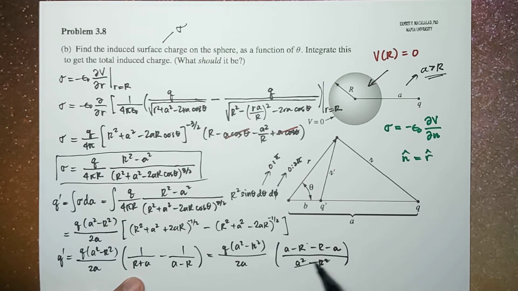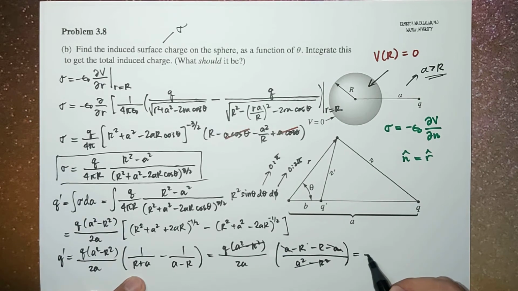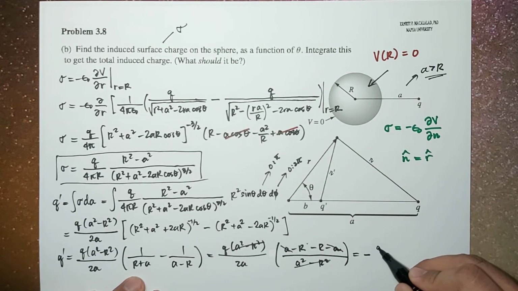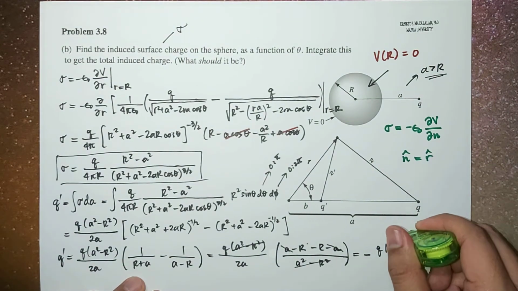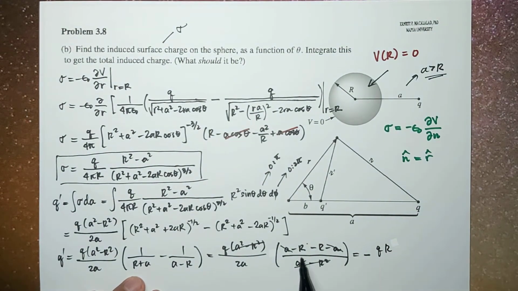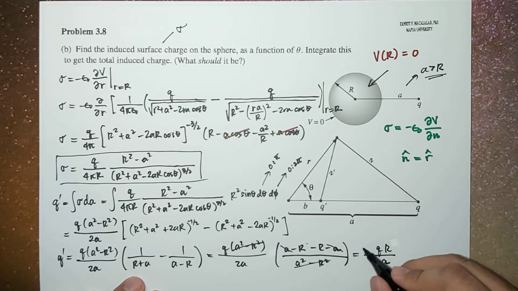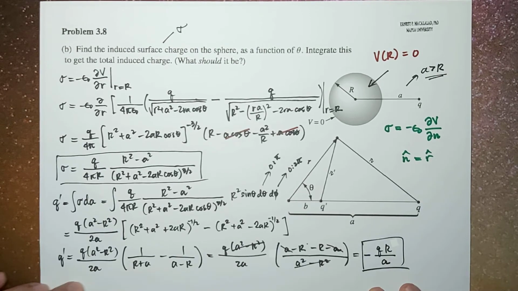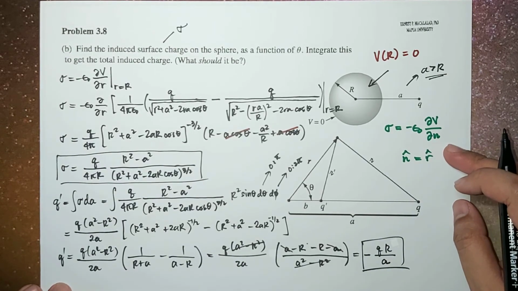So this and this will cancel, so this becomes negative 2R, and then there's a 2 here, so that 2 will cancel, so this is equal to negative qR over a, which is what we saw in example 3.2.